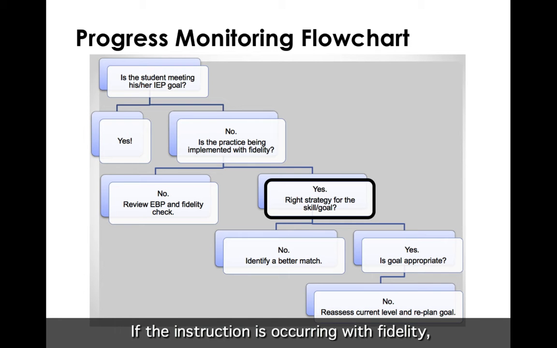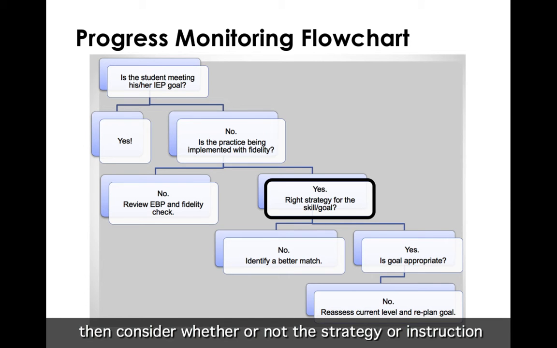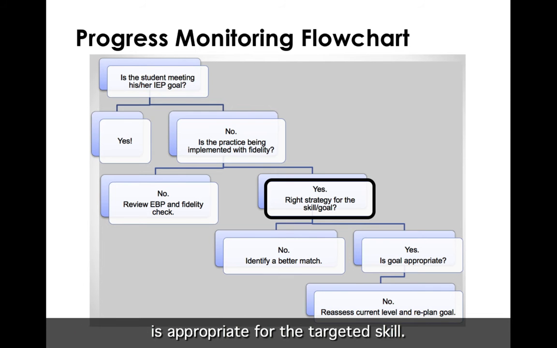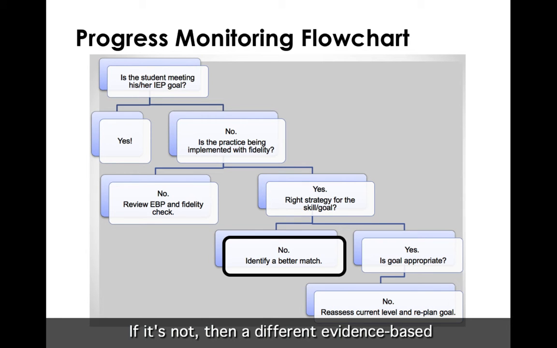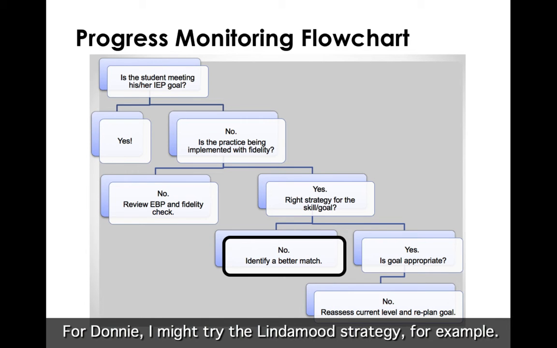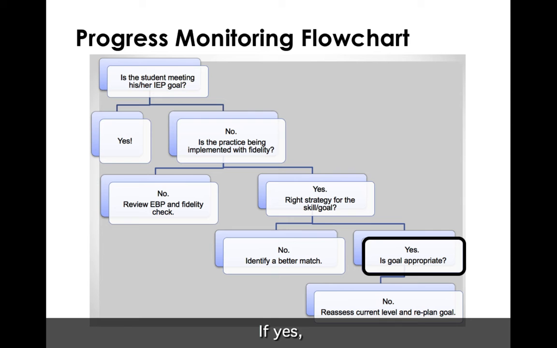If the instruction is occurring with fidelity, then consider whether or not the strategy or instruction is appropriate for the targeted skill. If it's not, then a different evidence-based practice should be identified. For Donnie, I might try the Linda strategy, for example.